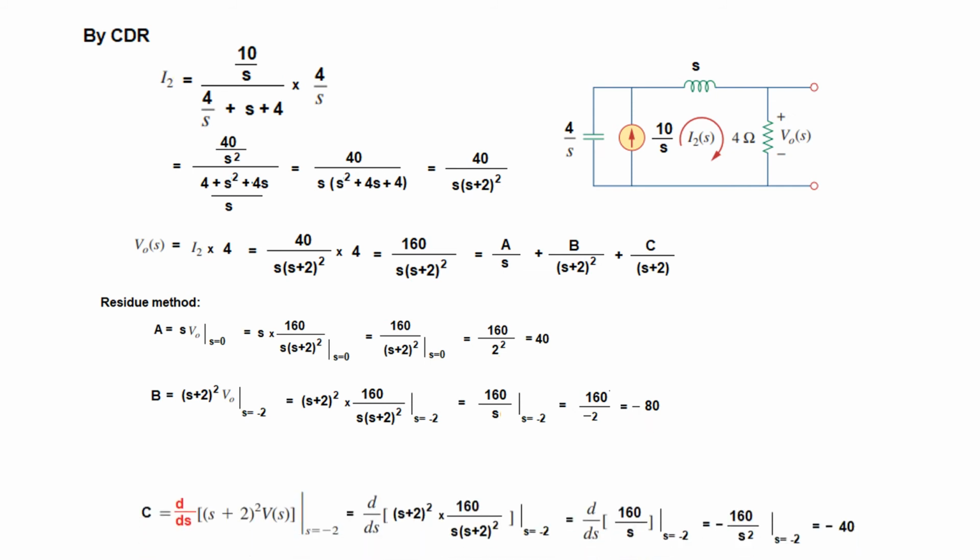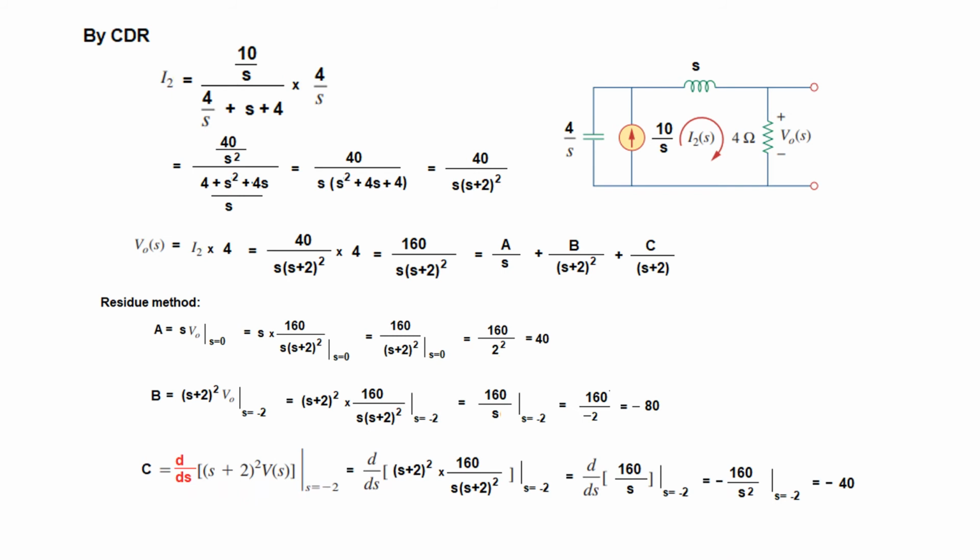And then for C, since we have already used (s plus 2) square, the technique is that we differentiate this part.